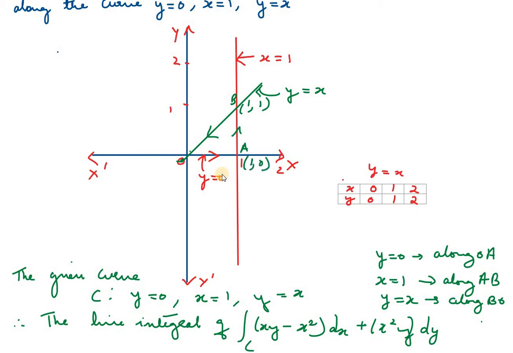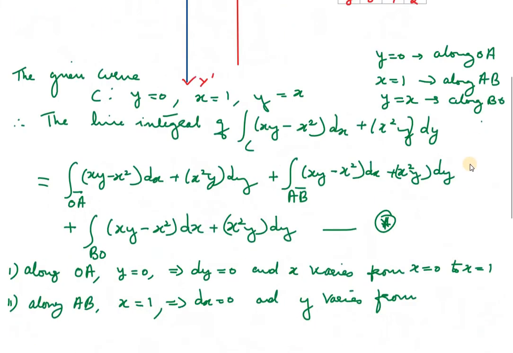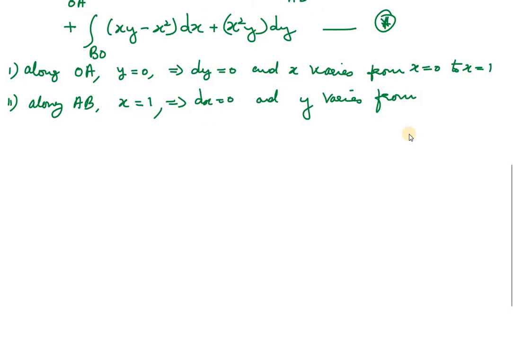So you see that y varies from 0 to 1. So the limits of integration now for y will be from y is equal to 0 to y is equal to 1. And lastly, it will be along BO.